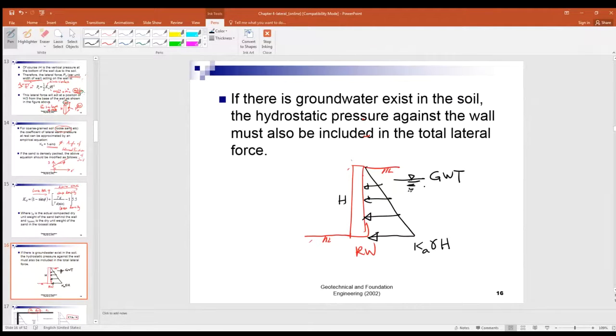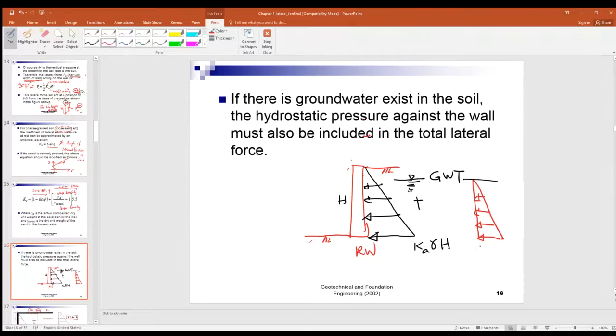Water gives you the hydrostatic pressure, the water pressure, also acting on the wall. So you have the water pressure.